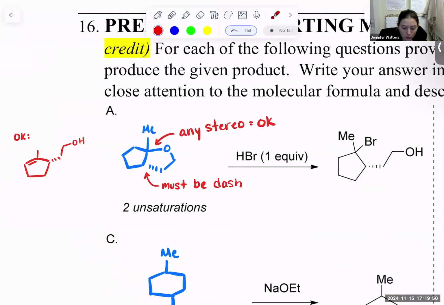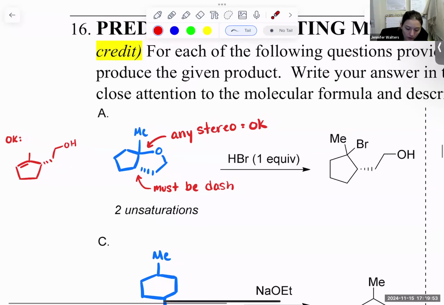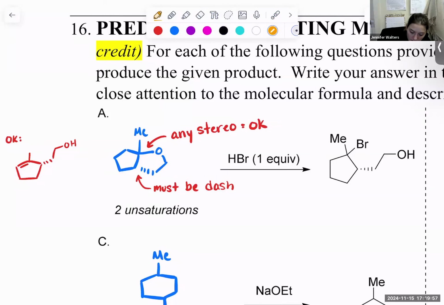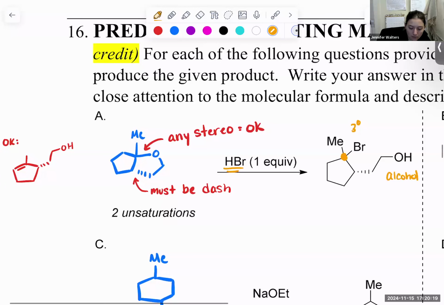Okay. So for this one, we have our alcohol and a tertiary substitution here. So I am imagining that with HBr I would have protonated some oxygen in order to make it into a potentially good leaving group.